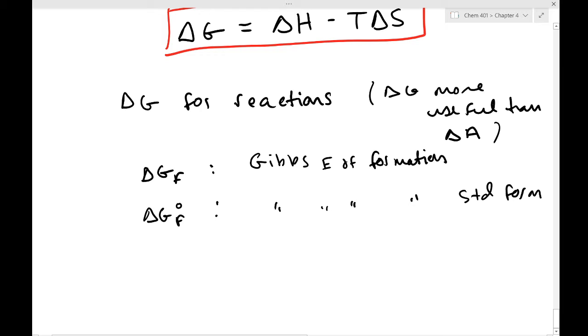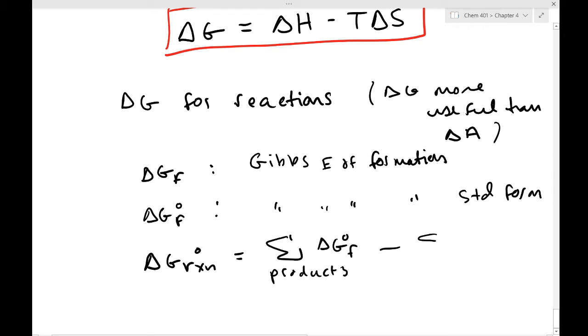If you have a standard delta G formation, that means you have a standardized reaction for that formation process. From this we can build delta G reaction, which, using Hess's law, is the sum over the products of all the delta G standard formations minus the sum over the reactant delta G standard formations.